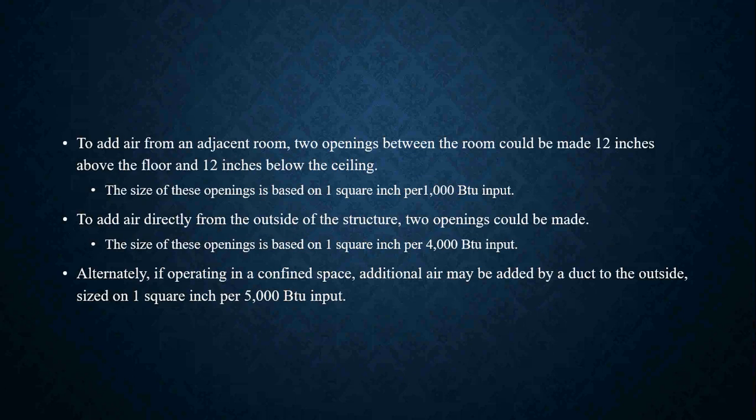If we want to add air directly from the outside of the structure, we can make two openings, and the sizes of these openings are based on 1 square inch per 4,000 BTUs of input of all of your appliances. Those two that we just read are right in your NFPA 54, NFPA 31. Those are direct codes.